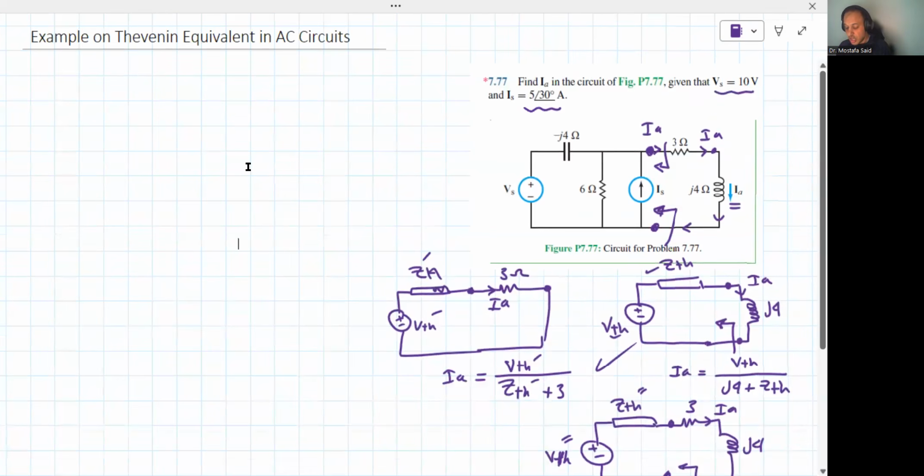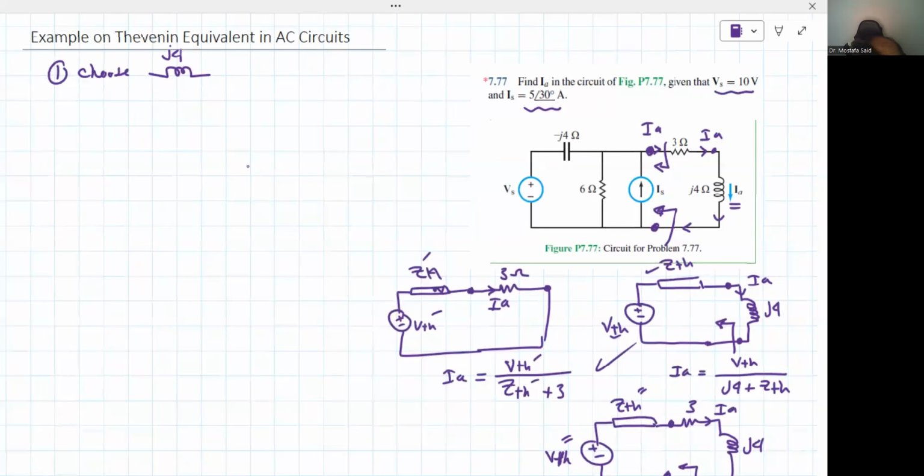To solve any circuit using the Thevenin equivalent, we should choose the terminals from which we reduce or simplify the circuit into a reactance and a source. Number one, choose the inductor j4, this guy. I'm gonna have the inductor like that, Mr. j4.